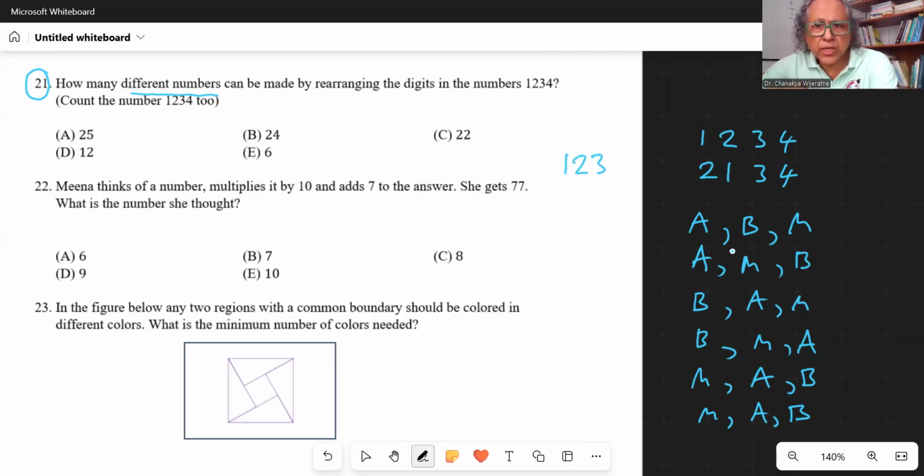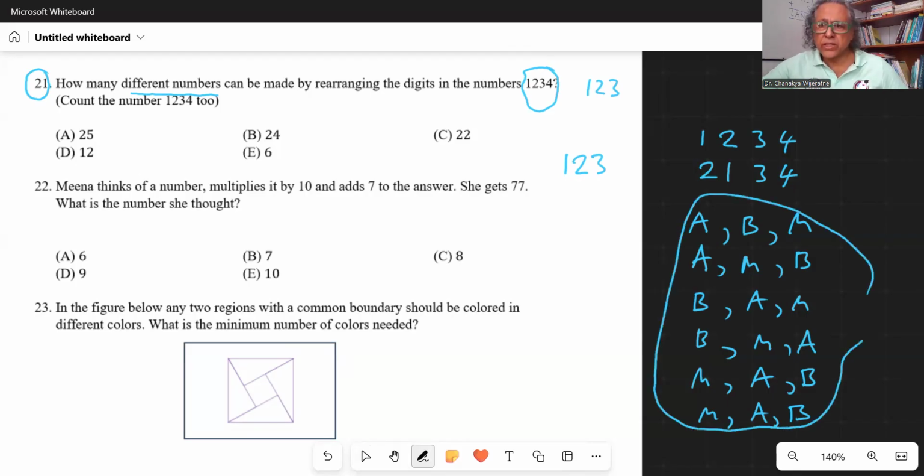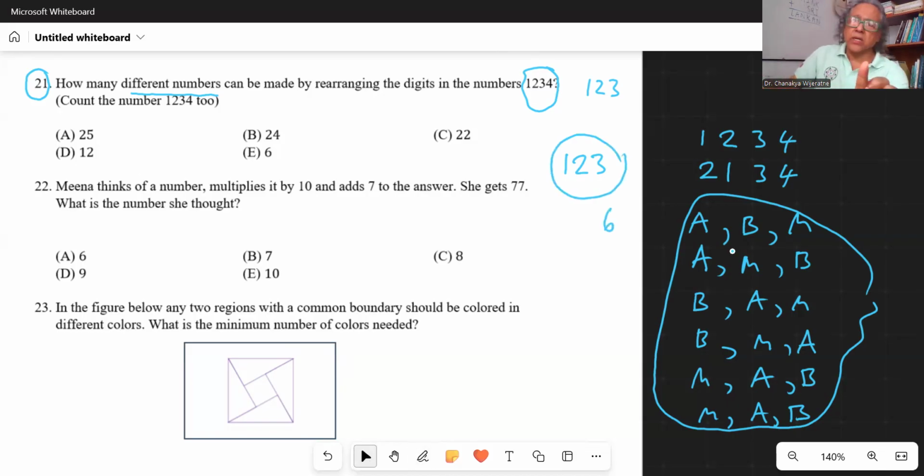So I changed the question to ask the same thing for 123, right? So it is the same answer that we got in arranging apple, banana, and mango, because there are 3 things, and we also have 3 digits here. We need to rearrange, put them in different orders. So there are 6 ways of doing this, right?